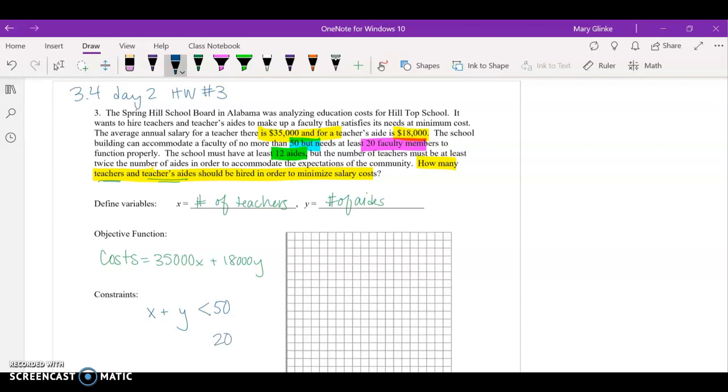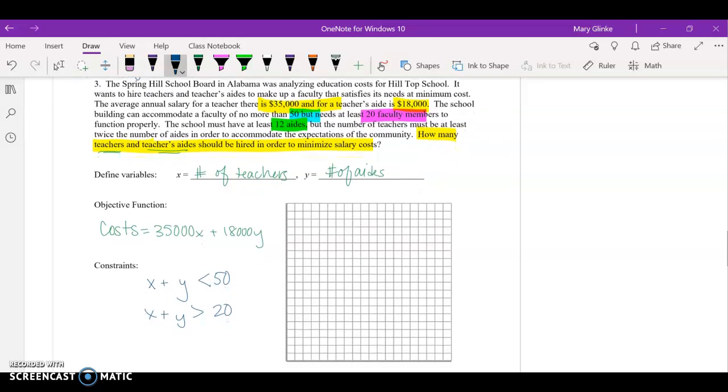We need a minimum of 20, so we want x plus y to be greater than or equal to 20. We have to have at least 12 aides. That one is specific to your y value, so y by itself has to be at least 12. x also has to be at least 0, just because we're not going to have any negatives here.